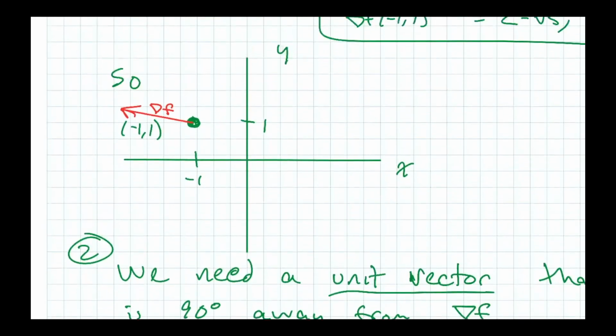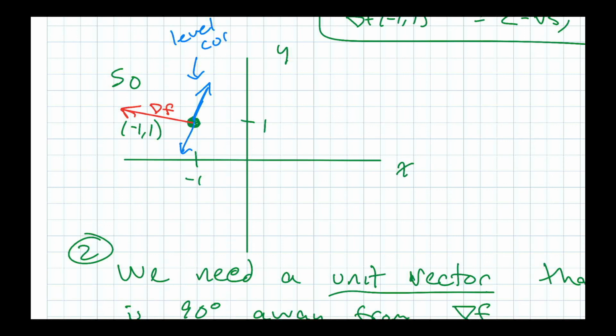So I drew gradient f here, right? So what we need is, oops, I want a different color. We need this vector or this vector, right? That's what our level curve is doing. I know that's what our level curve is doing right there because it's supposed to be 90 degrees away from that gradient. So we calculated this, but our answer is one of these.